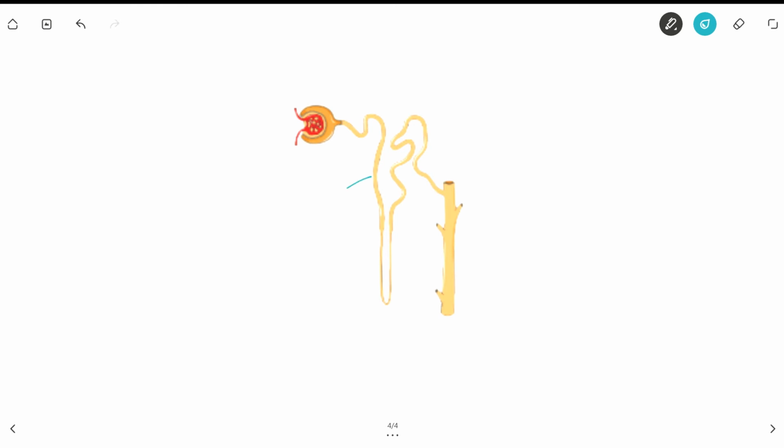And this is called the proximal tubule, or the proximal convoluted tubule at the areas where it's convoluted, and at the areas where it's straight, it's called the proximal straight tubule, but you could just call it the proximal tubule if you want to mention it as a whole.